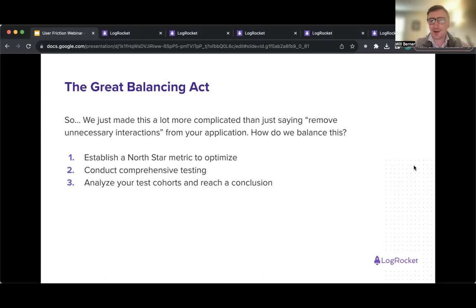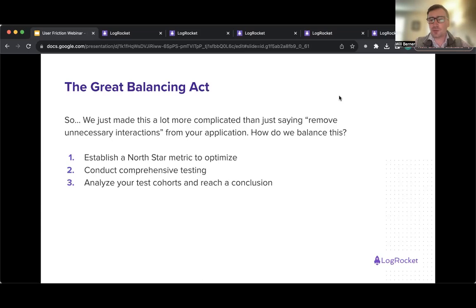All right, so we made this just a lot more complicated than just saying remove steps or simplify workflows. So how can we actually practically balance this? I think the most important thing and the starting point is definitely to make sure you have a clear North Star metric that you're optimizing towards. Because at the end of the day, if you don't know where you're looking to move the needle, you might as well not do anything at all.